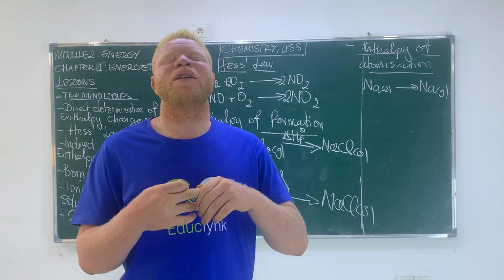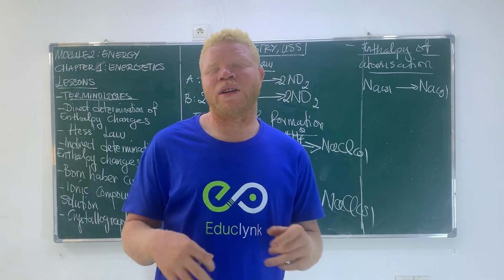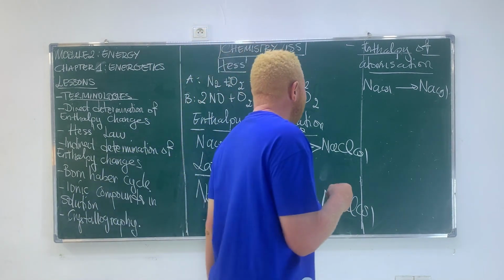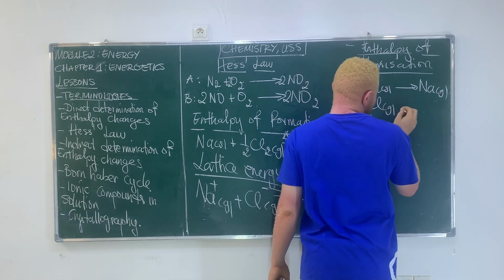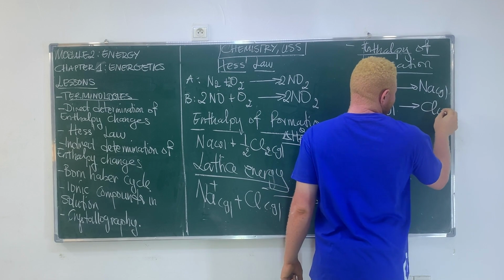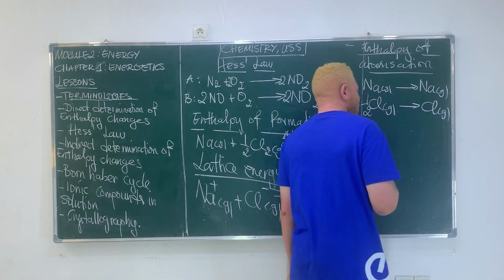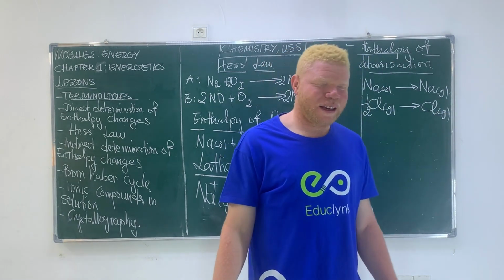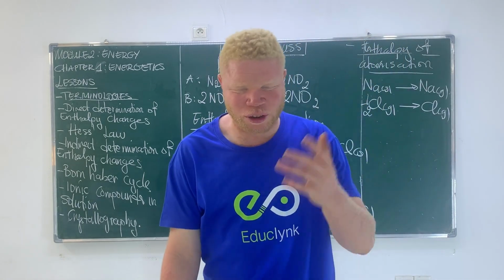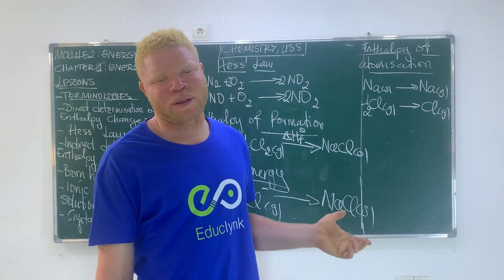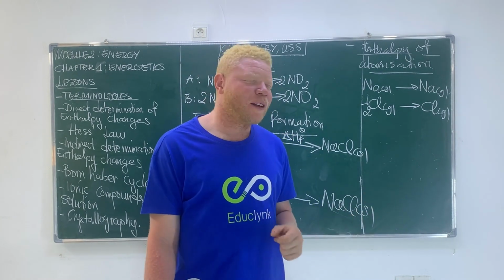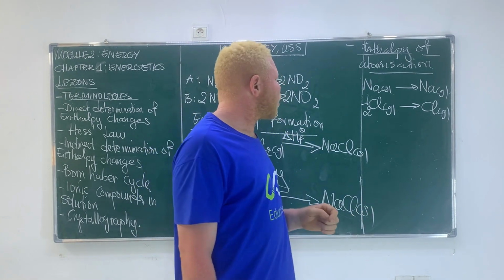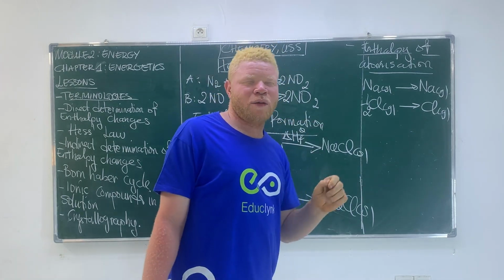So consider a chlorine molecule, a halogen. We have half a chlorine molecule giving chlorine atom. You may wonder, is it really possible to use fractions? It's very possible to use fractions. The chlorine molecule has two atoms.